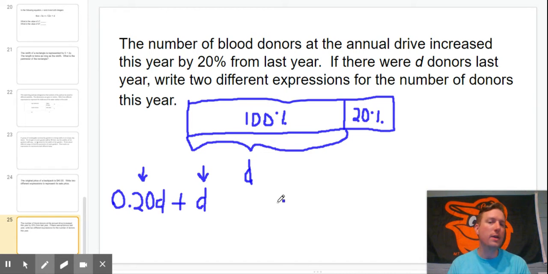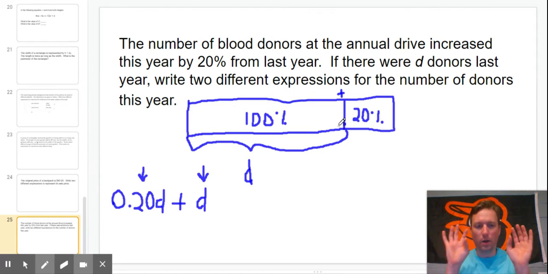Now, another way that we could do this is we could combine 100 and 20. Rather than adding D later, we could put 100% and 20% together and write it as a decimal. 120% as a decimal would be written as 1 and 20 hundredths.